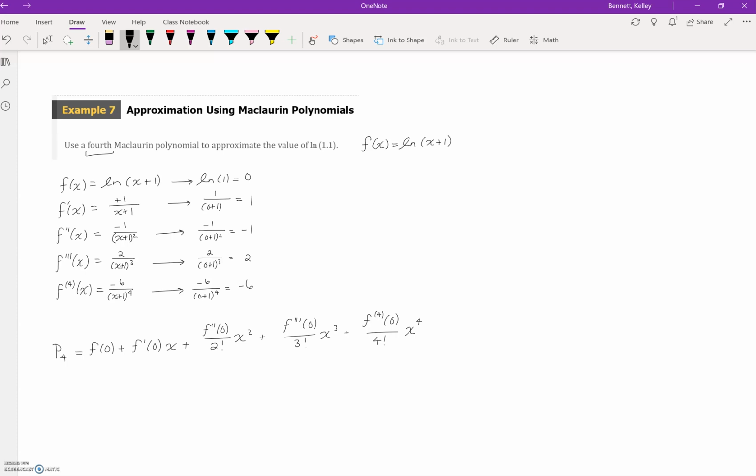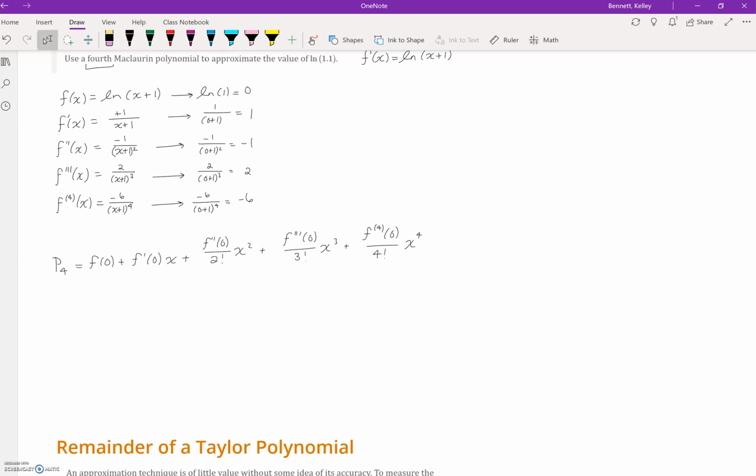So we can use the values we found above to write out an explicit form. f of 0 is 0, f prime was 1, so I just get x. Then the second derivative was negative 1, so I get negative 1 over 2 factorial times x squared. And then the third derivative was 2, so I get plus 2 over 3 factorial times x cubed. And then we move to negative 6 over 4 factorial times x to the fourth.